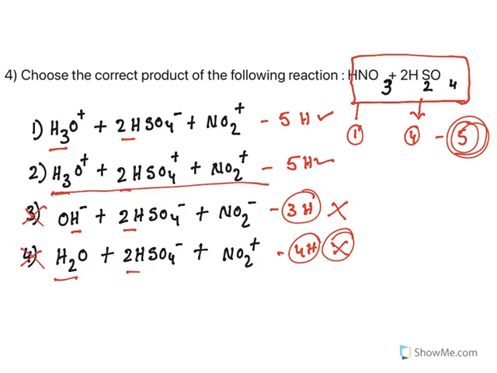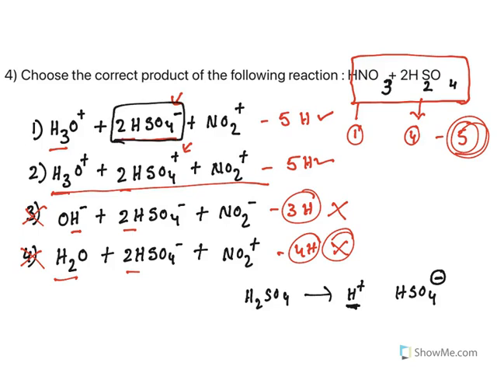What is the difference between these two? Only here. This is minus, this one is plus. Let us understand a little here. H2SO4 is a very strong acid. It releases H plus and then HSO4. H plus means it is leaving an electron with this, so you get a negative charge, not a positive charge. Where do you see that negative charge? Here. So what is the answer? The first one.